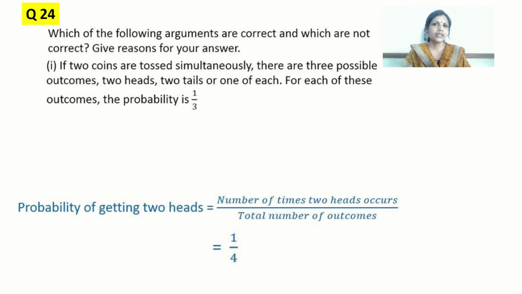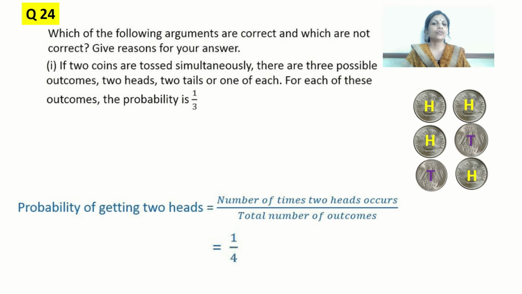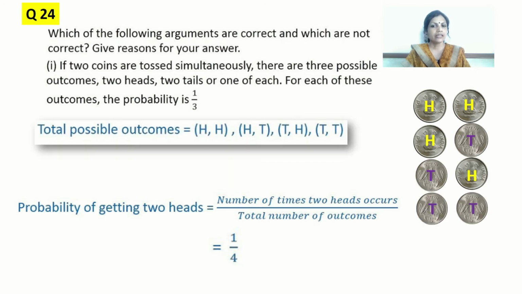So when 2 coins are tossed together, the total number of possible outcomes are flashing here on the screen. Please have a look at that, and you will observe that the possible outcomes are head, head, head, tail, tail, head, and tail, tail. That is, the number of possible outcomes is equal to 4. Now let's find out the probability of what is given in the argument, getting 2 heads.